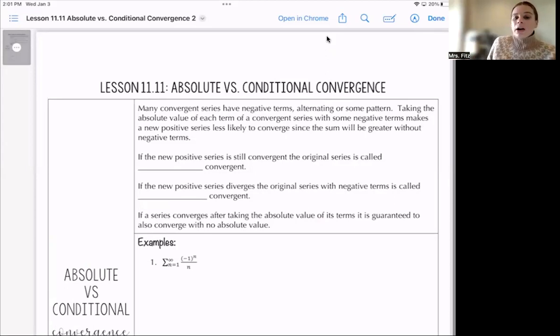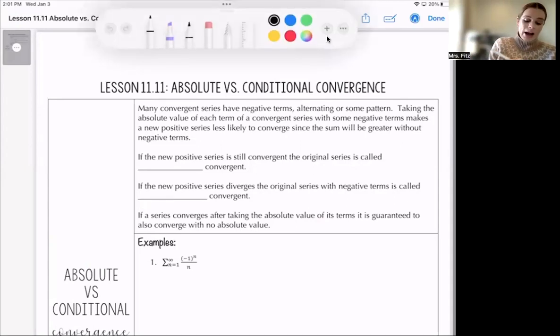If the new positive series still is convergent, the original series is actually called absolutely convergent. If the new positive series diverges, the original series with negative terms is called conditionally convergent.